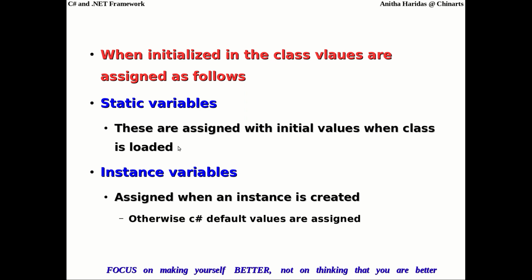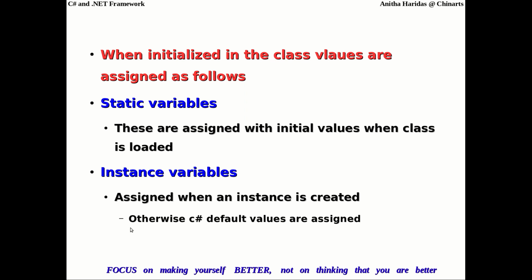So these will be assigned with initial values when the class is loaded in your program itself, whereas the instance variables will be assigned when an object is created. Otherwise, C# default values are assigned there.